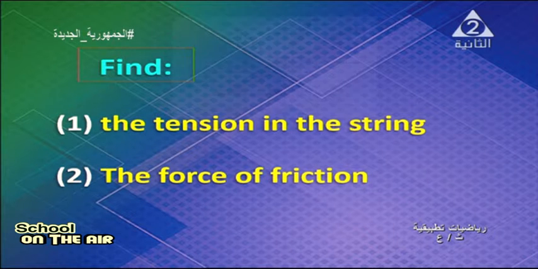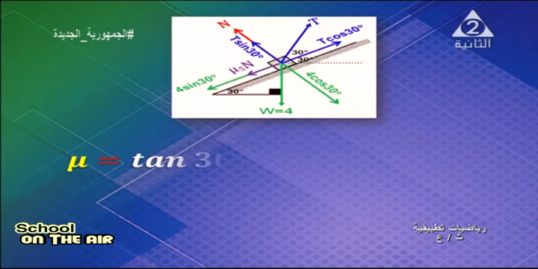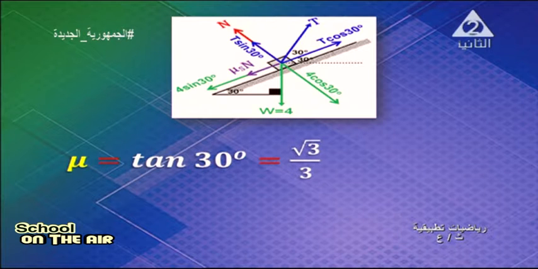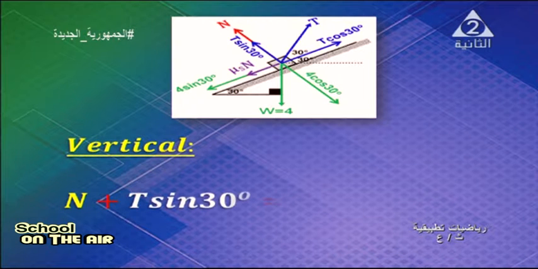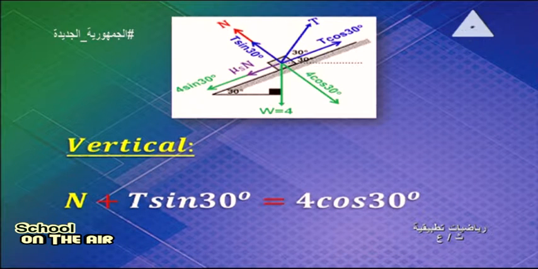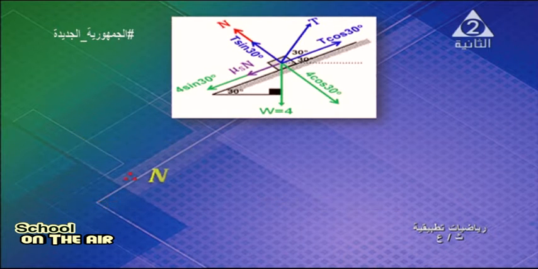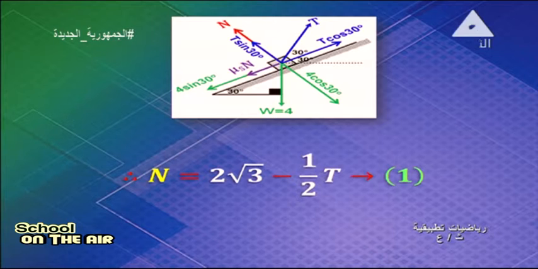This is required. Look, my dear student, mu equals tan 30, equal root 3 over 3. Then in the vertical equation, we know that N plus T sine 30 equals 4 cosine 30. Therefore, N equals 2 root 3 minus 1 over 2 T, this is equation number 1.